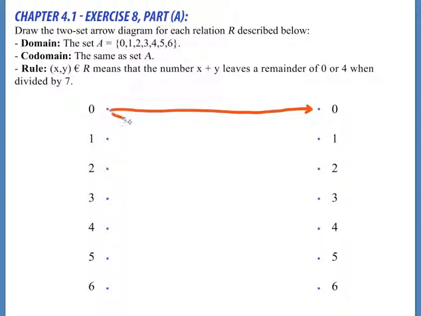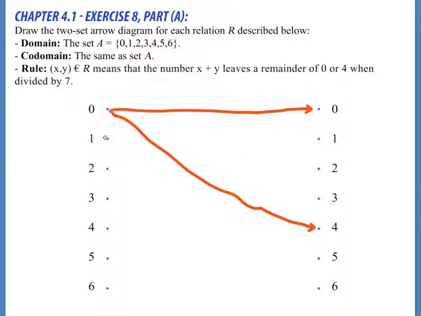So you would draw the arrow from 0 to 4. Sorry, I'm coughing. Yep. And then 0 plus 5 is 5 divided by 7. There's no remainder of 4 or 0. And then 0 plus 6. 6 divided by 7, there's no remainder of 0 or 4. So we're done with connecting the domain 0 to any of the codomains.